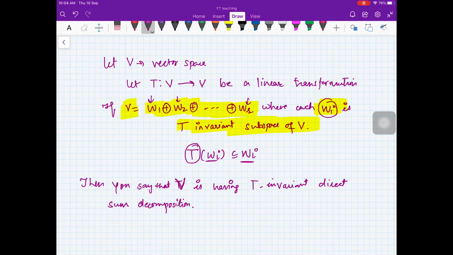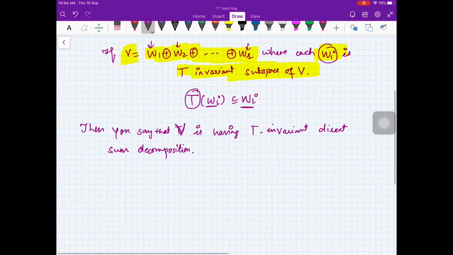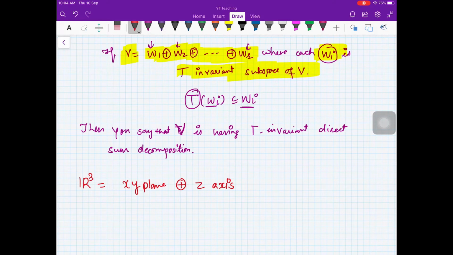The example is very simple. You can think of an example. In the last video, I gave you the example that R3 is the direct sum of the xy plane and the z axis. This is the example which we had discussed yesterday.